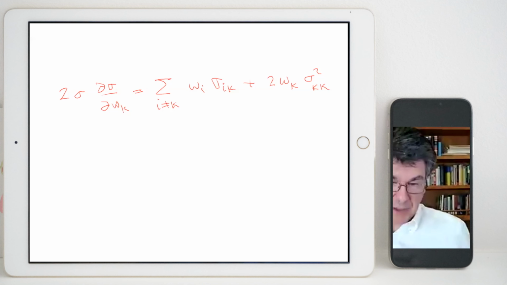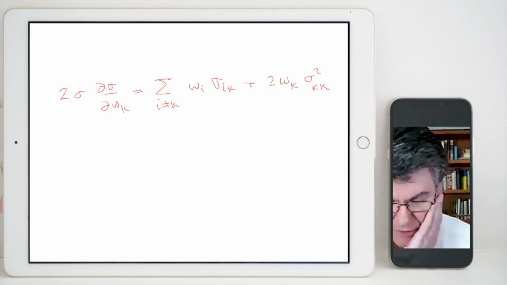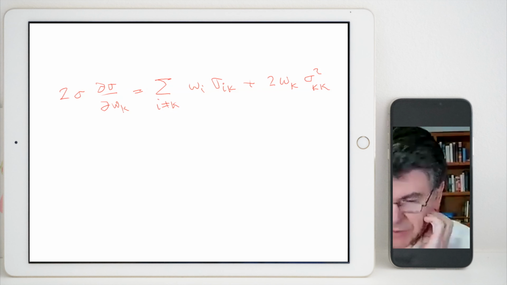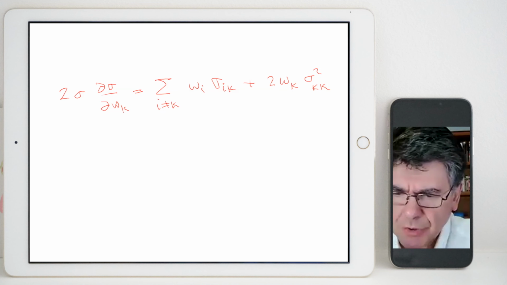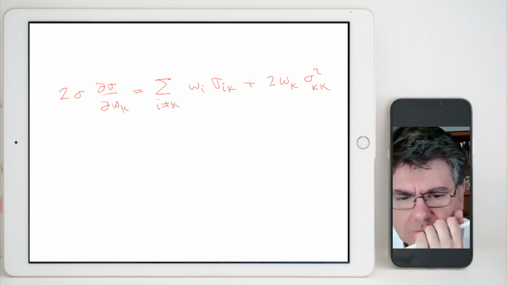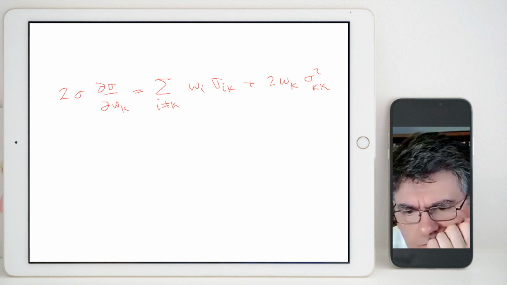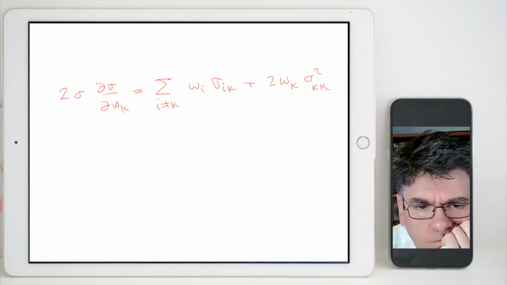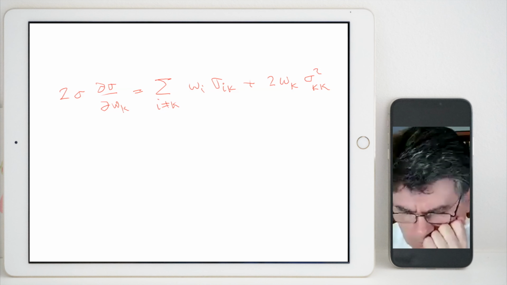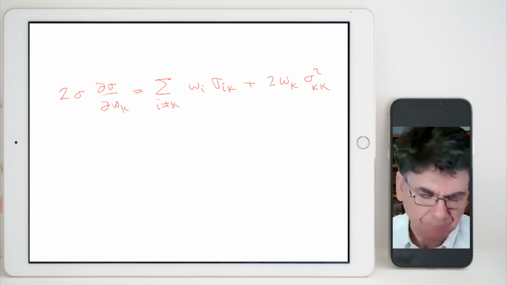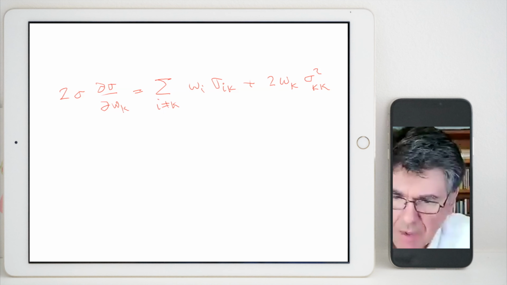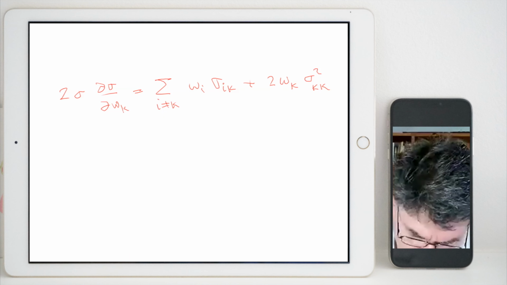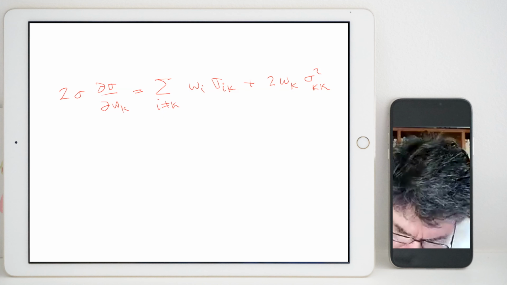Let me start here. This is what I did in the previous slide. Is this clear? Yes or no? This is clear. Good. Okay. So if this is clear, let's look at the right hand side. The right hand side is here.